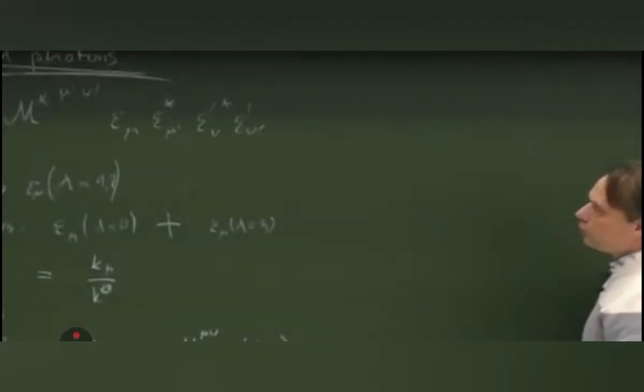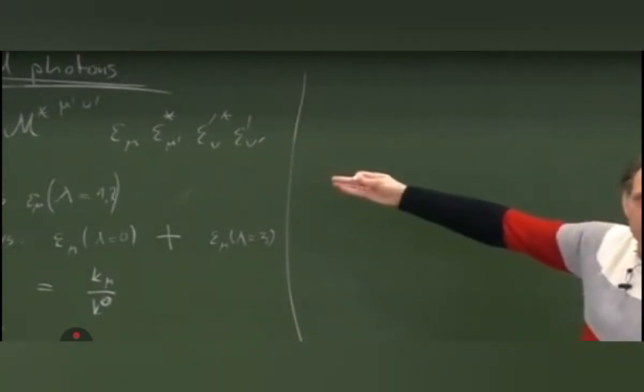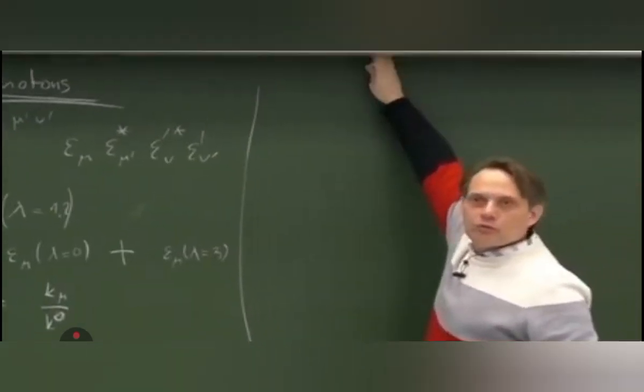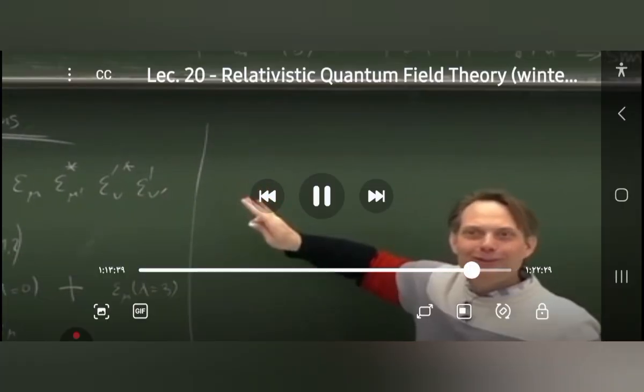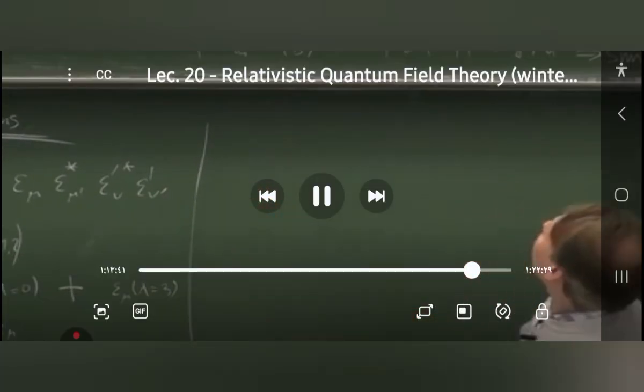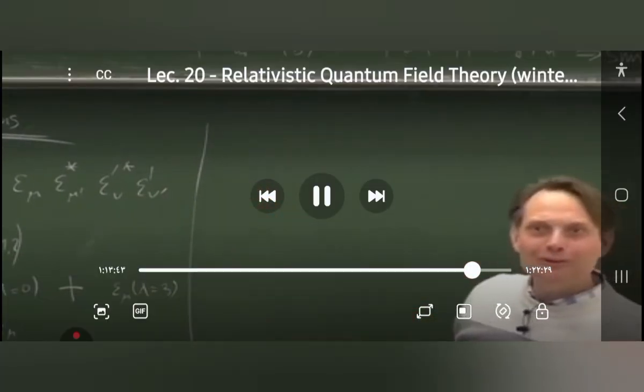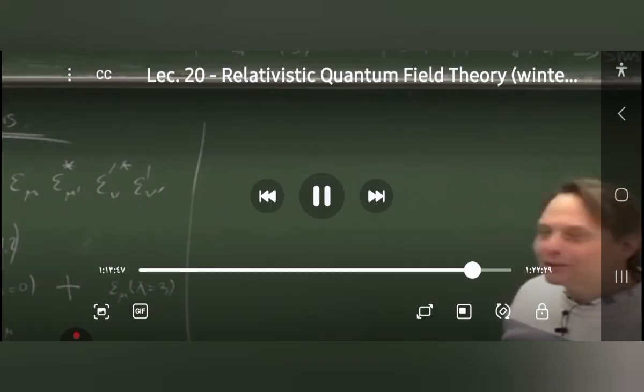For an individual photon, and now we have two photons in our theory, therefore, is there a problem? Anyway, here we have a minus, and we have two photons.